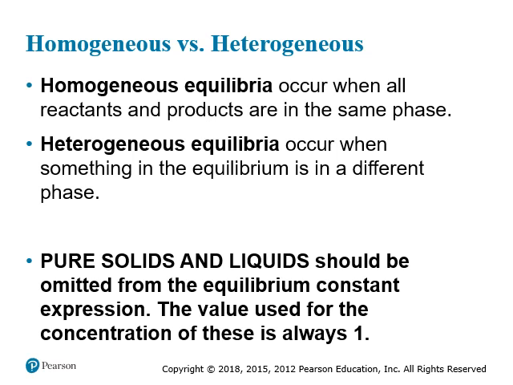Now, the concept of equilibrium can exist in a single phase system or a system between multiple phases or states of matter. The difference lies in what we call or categorize as homogeneous equilibria as opposed to heterogeneous equilibria. Homogeneous equilibria occur when all of the reactants and the products are in the same phase.